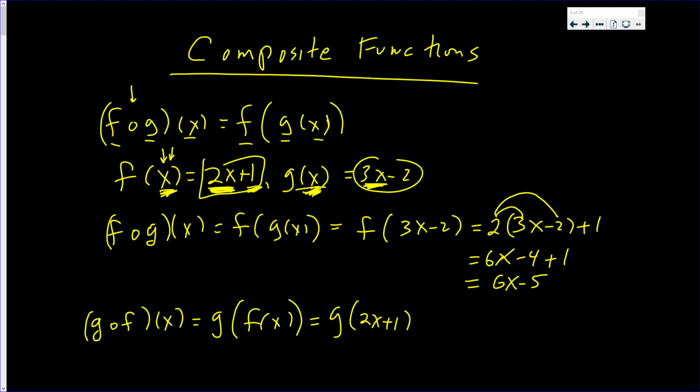Oh, it triples it and then deducts 2. Whatever is in there, I'll denote that I'm tripling it and reducing it by 2. So I get 6x plus 3 minus the 2 at the end. You get 6x plus 1.